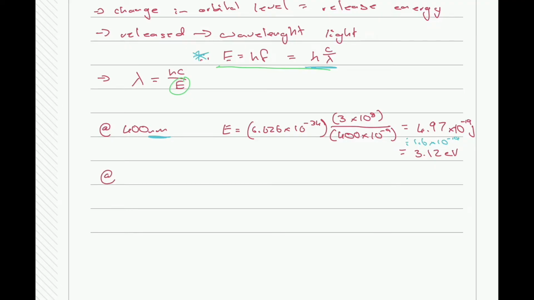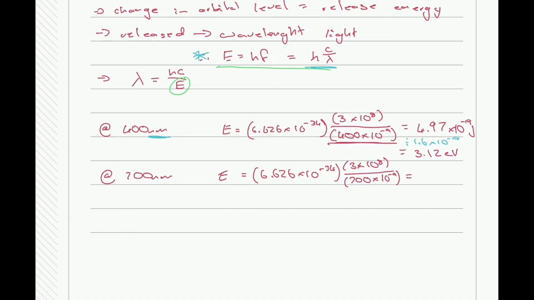And we're going to do the same for 700 nanometers. The only thing we're changing in this E equation is the denominator for our wavelength. So it's going to be the same: Planck's constant, 6.626 times 10 to the negative 34, multiplied by our fraction, which is the speed of light on top, 3 times 10 to the 8, divided by 700 times 10 to the negative 9.